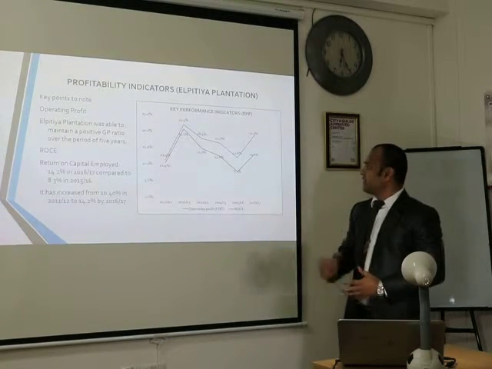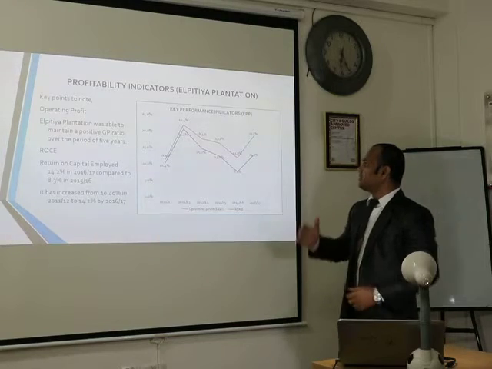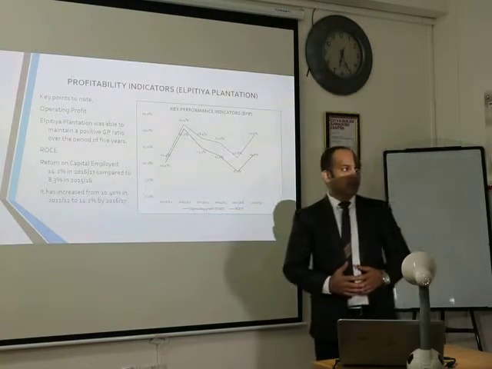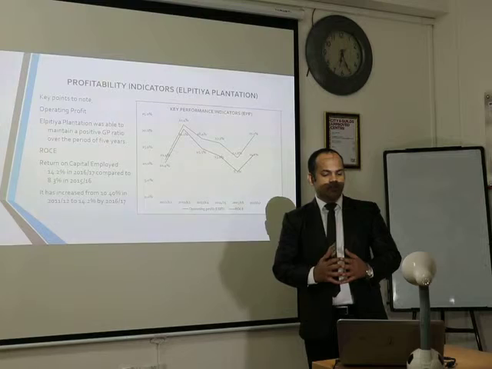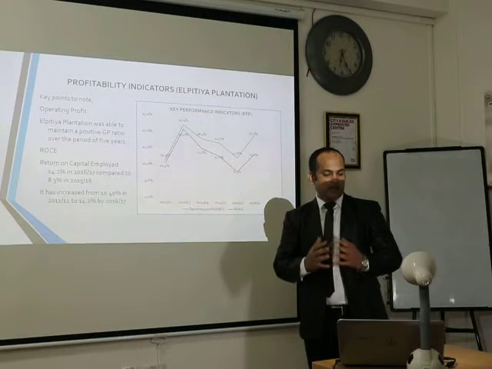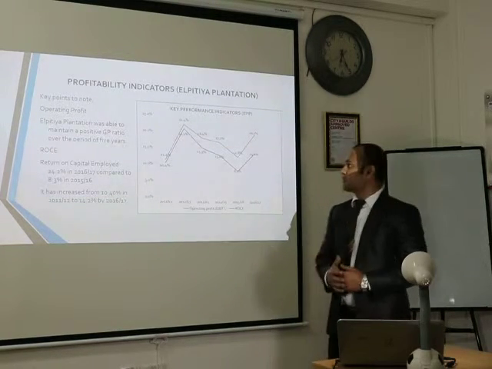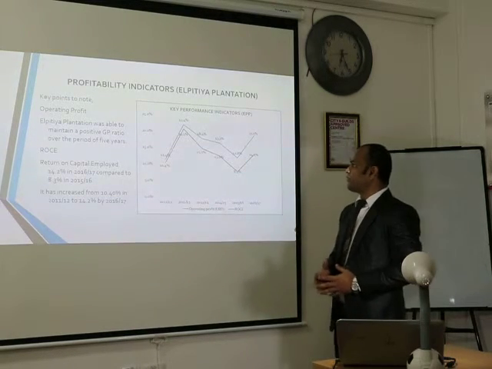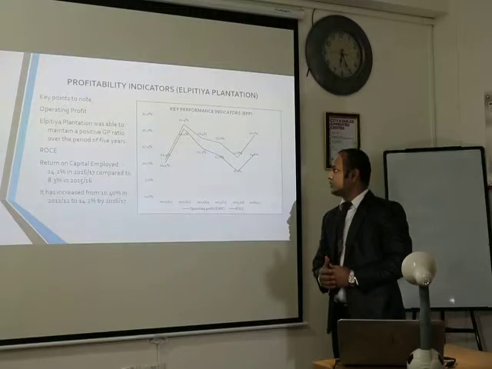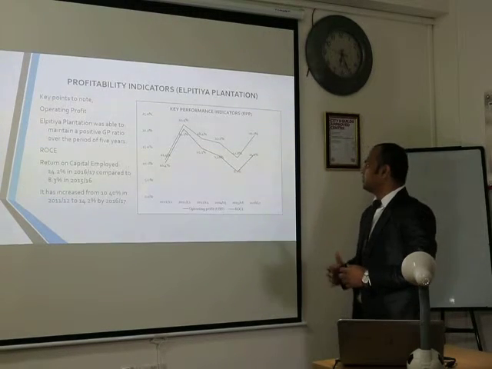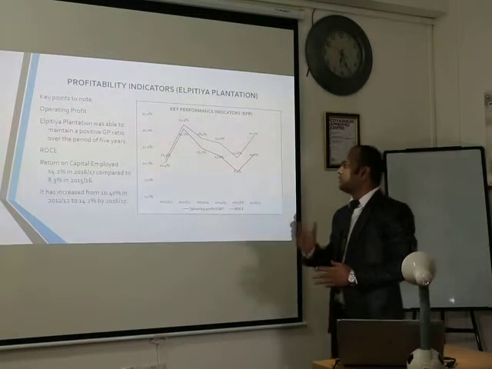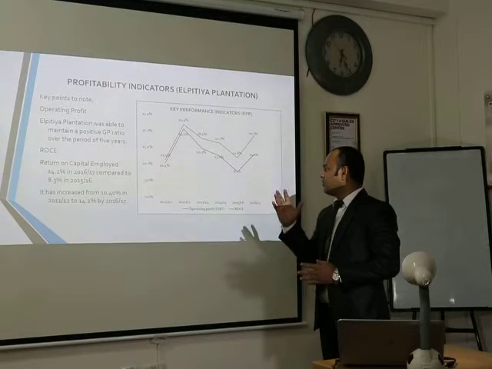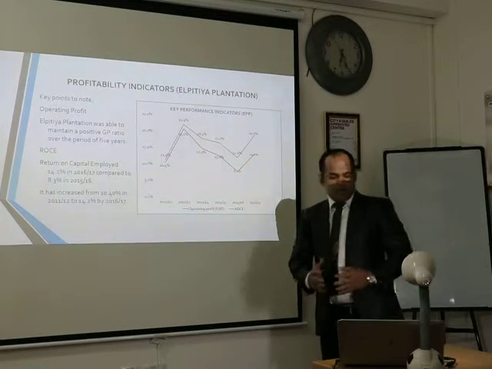So the first slide of my area is to analyze the profitability, how profitable the company was for the last 5 years. As shown in the graph, the operating profit ratio, the company was able to maintain positive profitability ratios for all 5 years.